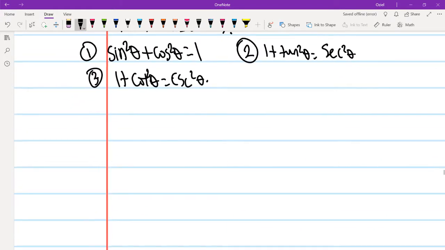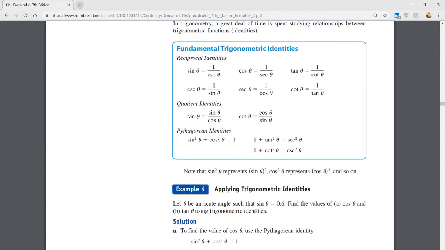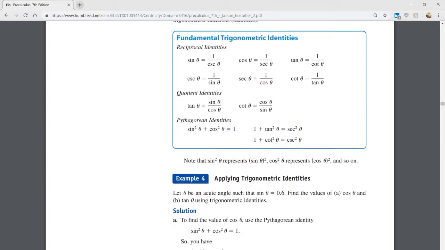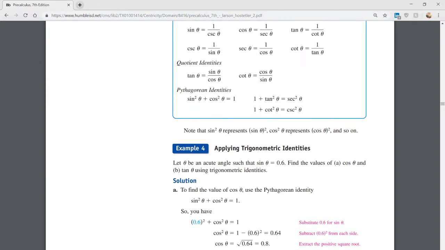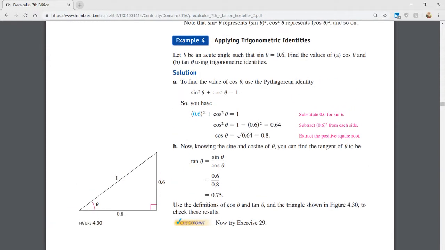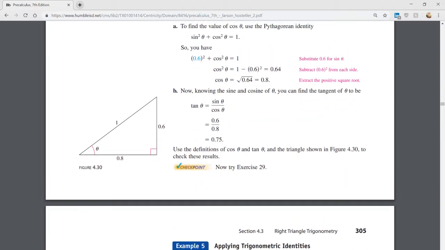And okay, so now we're gonna go over some examples. I'm not gonna do the ones that are on the examples, just because I don't think it's necessary. You can actually see what is going on there.